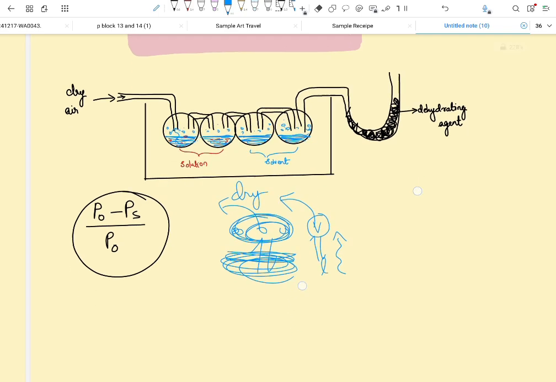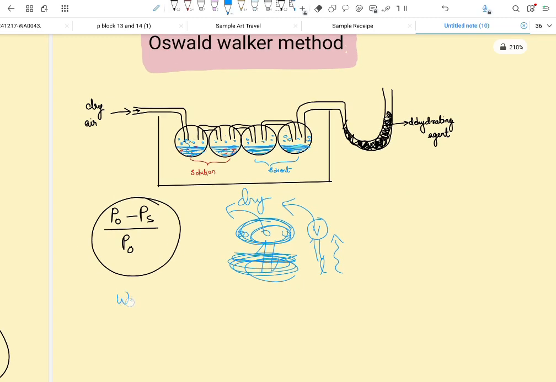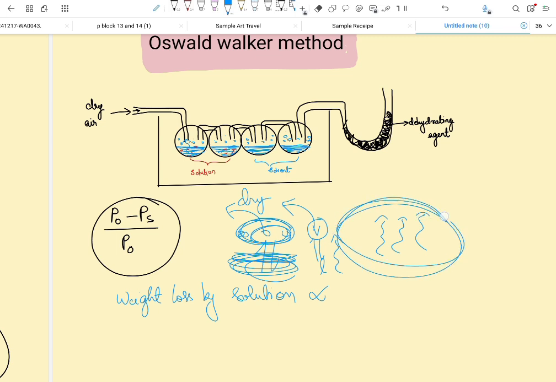That weight loss by the solution is directly proportional to, see here, its tendency to vaporize. If it has more tendency to vaporize, definitely more vapor will be absorbed by dry air. More dry air will absorb more content if the vapor content is more.